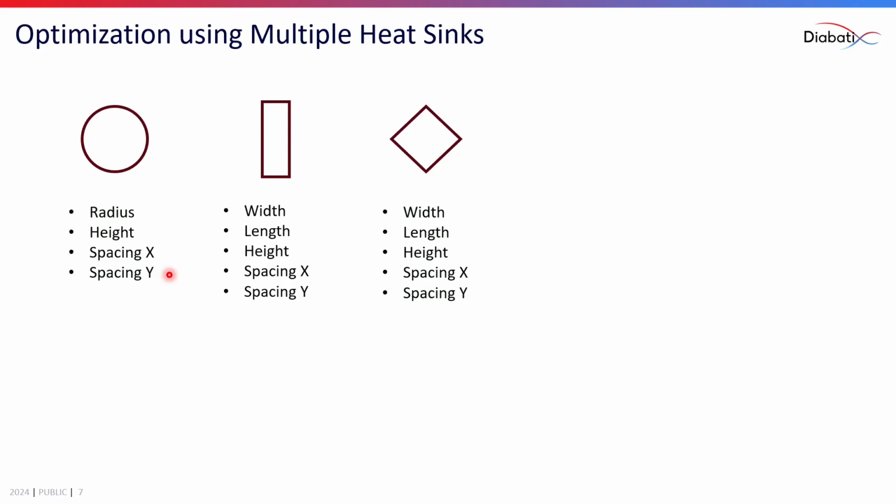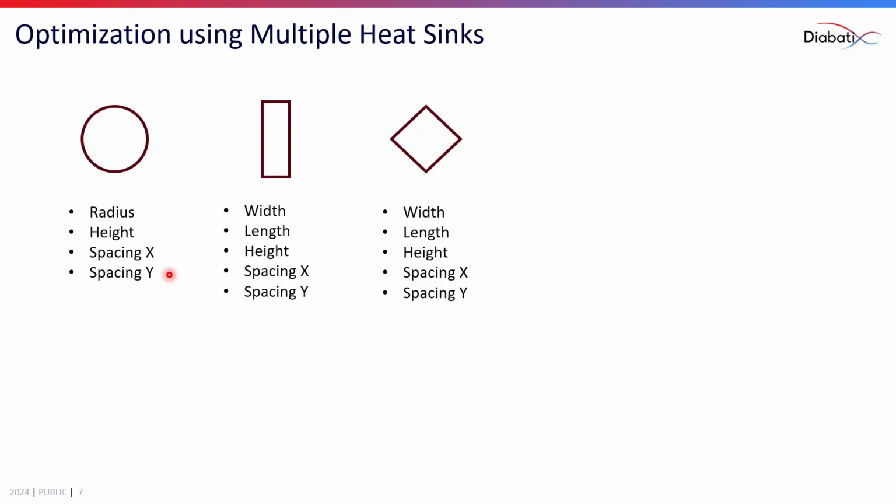To really optimize a heatsink with circular pin designs. But if you add another shape to the optimization, where you want to compare circular pins with, let's say, rectangular or diamond pins, then individual to these shapes you need to add additional parameters like width, length, height, spacing x, spacing y.